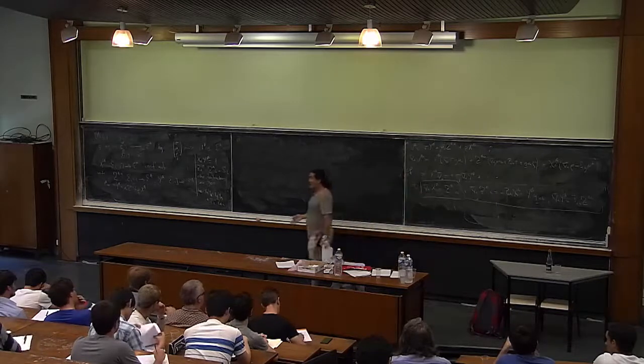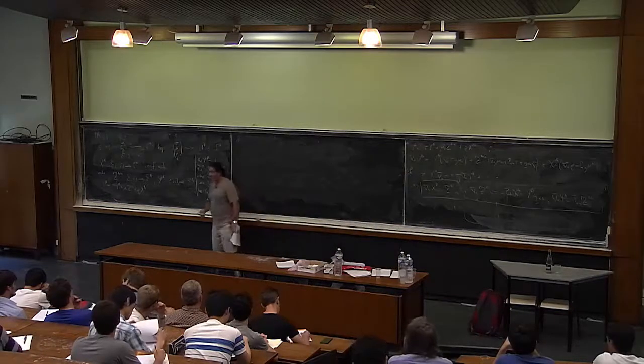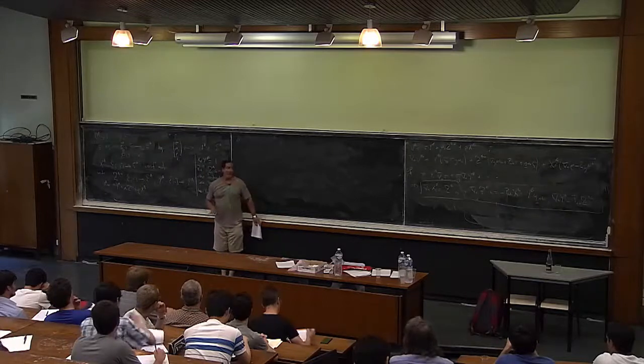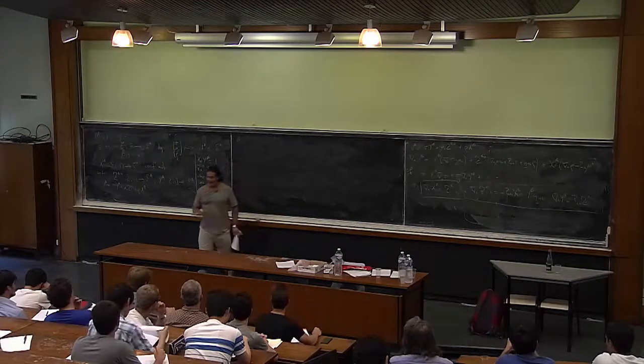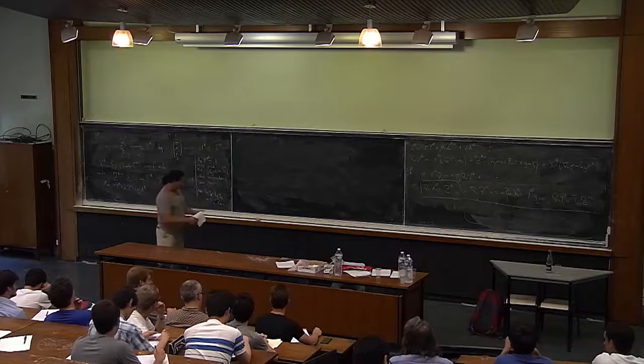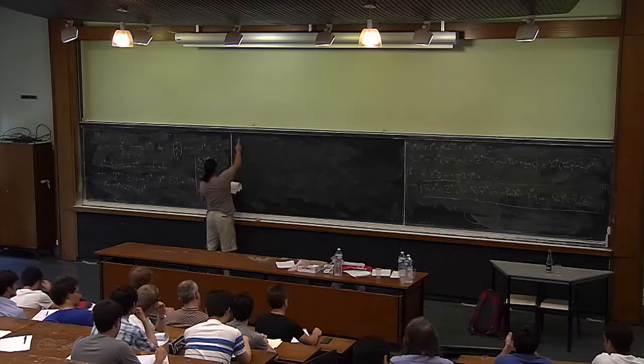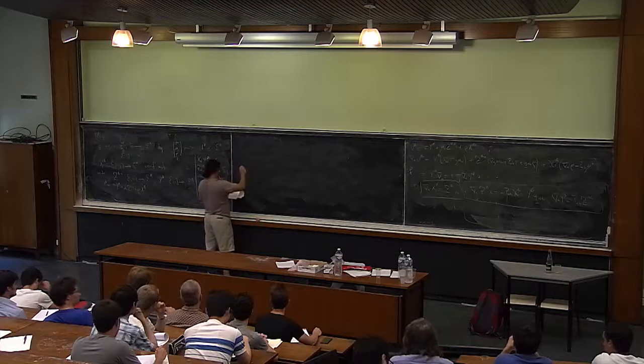So any calculation becomes completely algorithmic. There's only those two inputs apart from simplifying. Simplifying is not trivial. As anyone who's done calculations knows, that's the hard bit. But everything else is easily done with software.